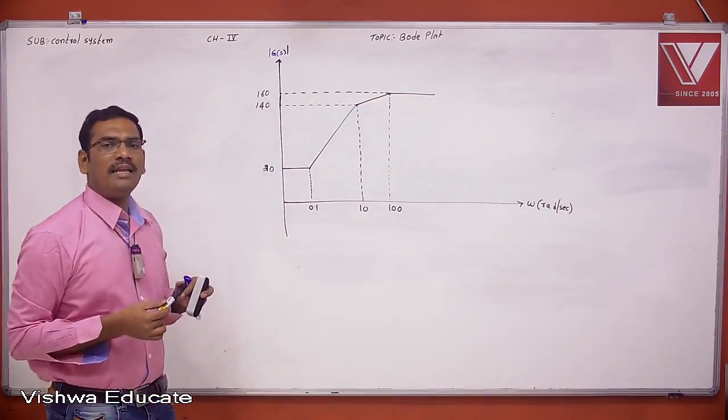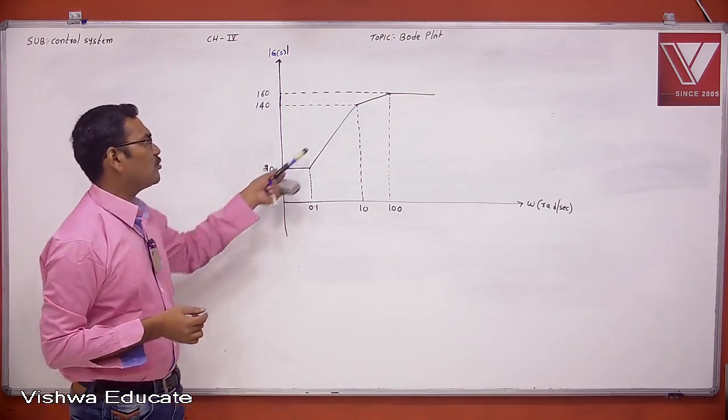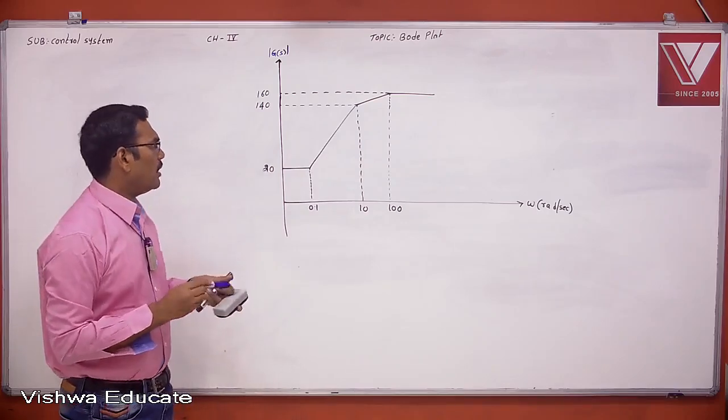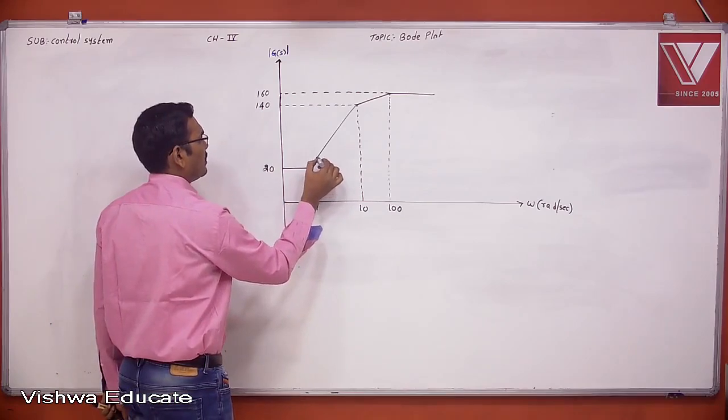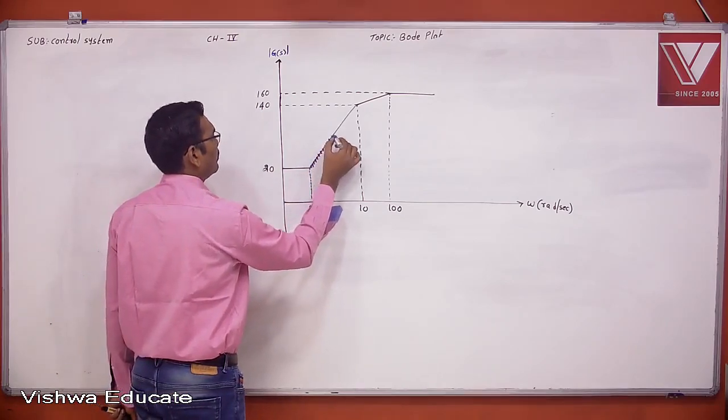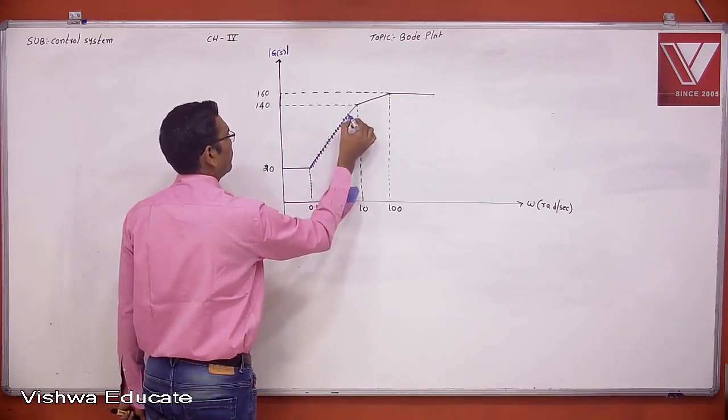If the slope of the line is given, you can easily find it. But in this question, the slope of the line is not given. Even if the slope is not given, we are able to find it. First find the slope of this line. What is the slope of this line?